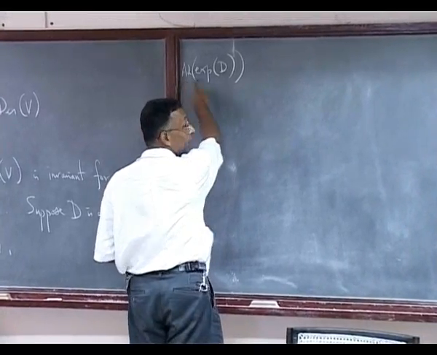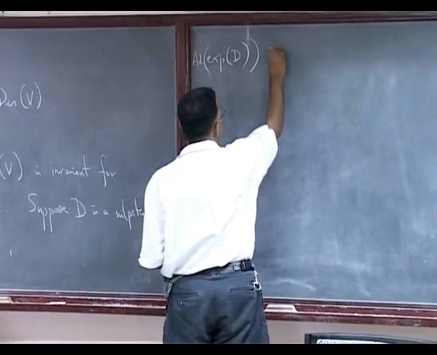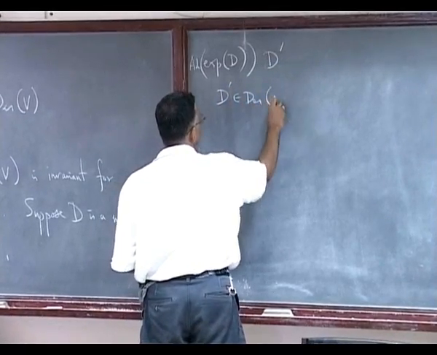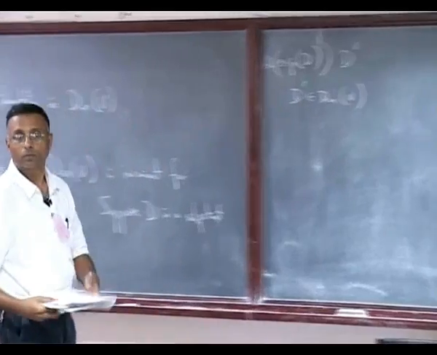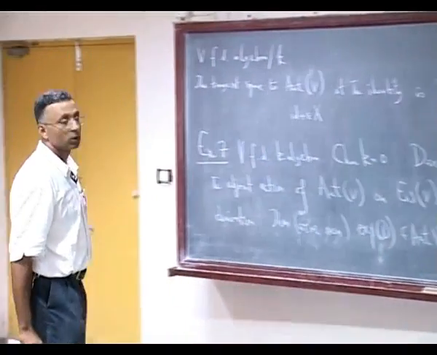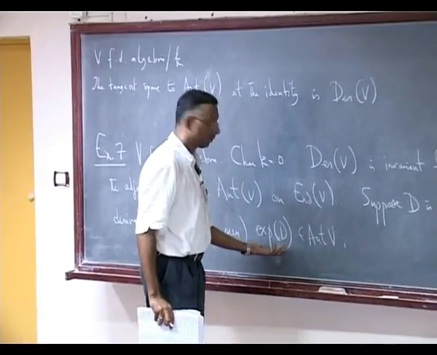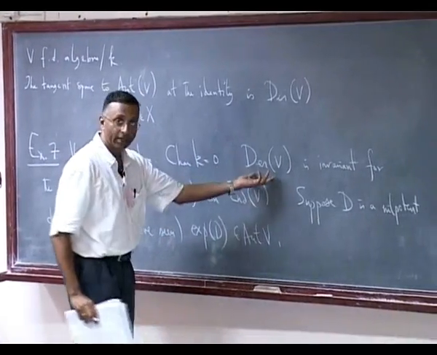So you could take the adjoint action of this on D prime, where D prime is a derivation. So I take this, which is an element of Aut V. Aut V acts on derivations.